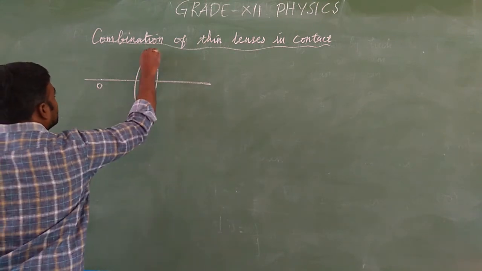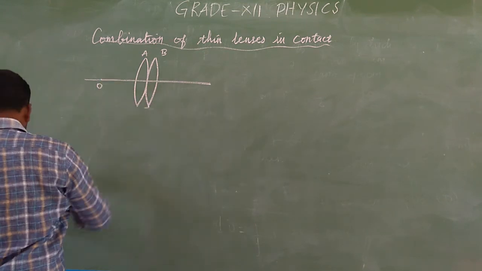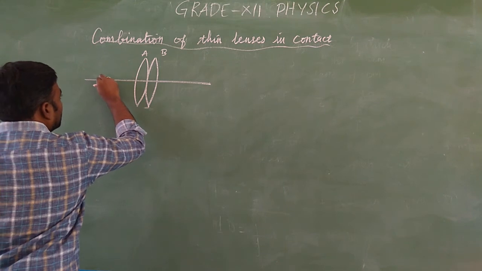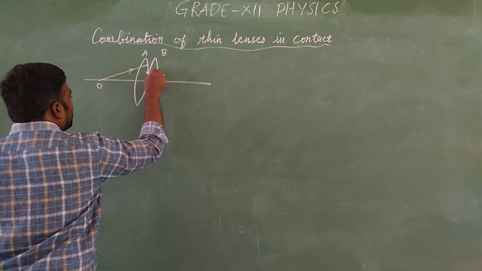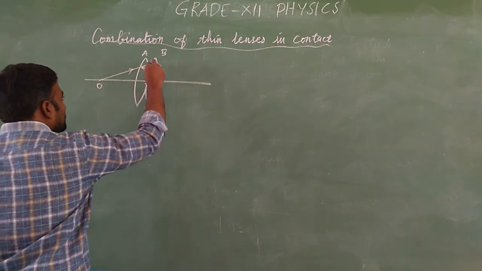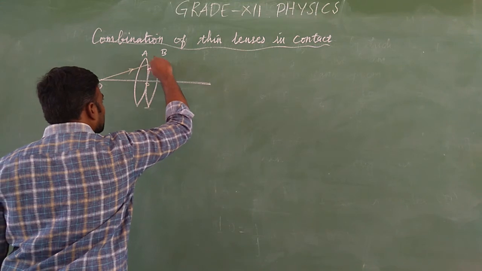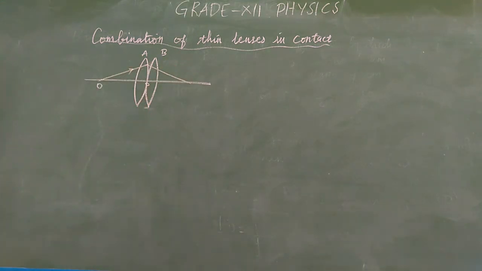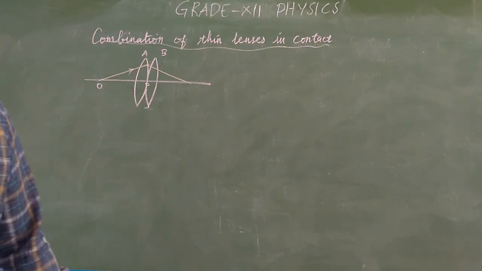So this is lens A, this is lens B. The light rays from the point object are incident on the first lens, and for both lenses the common pole is here. They converge to form an image at the right hand side. Only the final image is obtained on the right hand side.